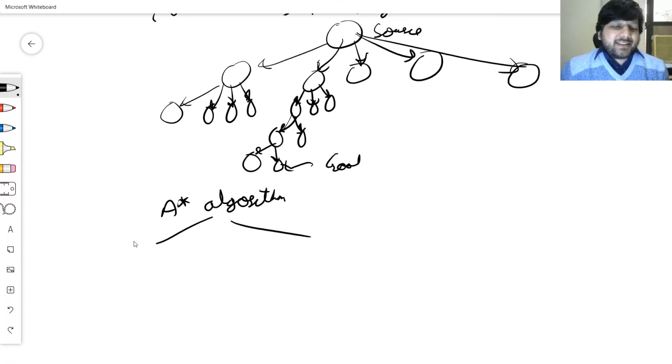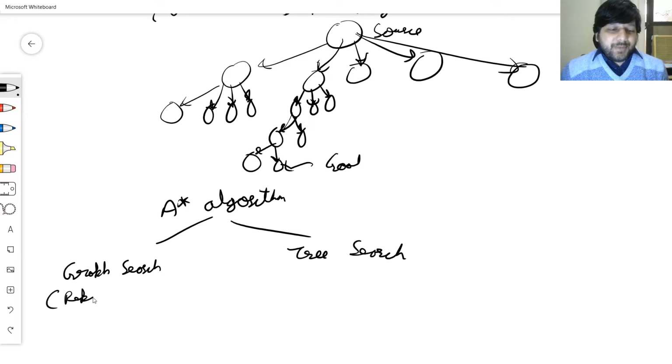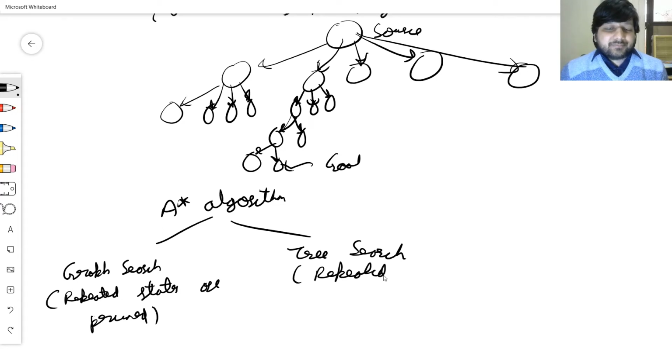It operates either as a graph search or as a tree search. In a graph search, repeated states are pruned. In a tree search, repeated states are not pruned.